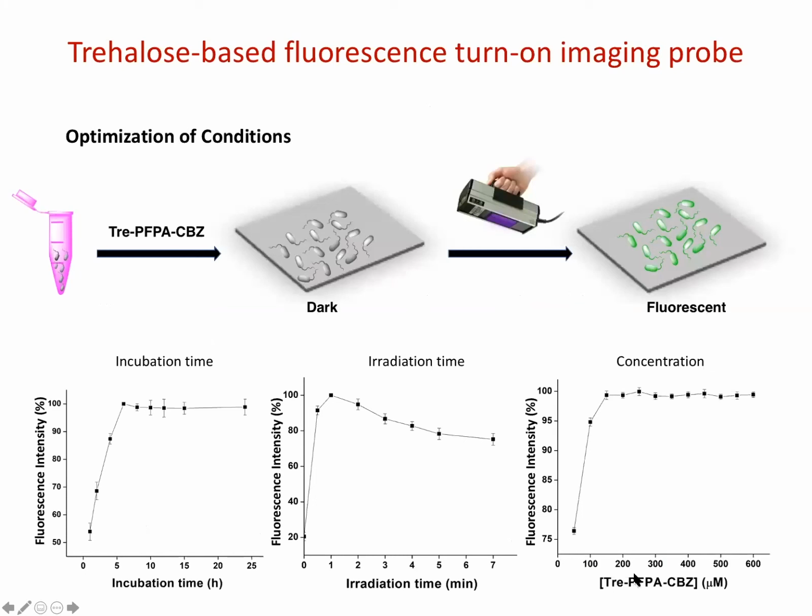Then we checked some of the conditions for cell imaging. Literally here, what we did is that we took Mycobacterium smegmatis and incubated it with our carbazole trehalose probe. Then we used a handheld TLC lamp, literally at 365 nanometers, turned it on and measured the fluorescence of the sample.